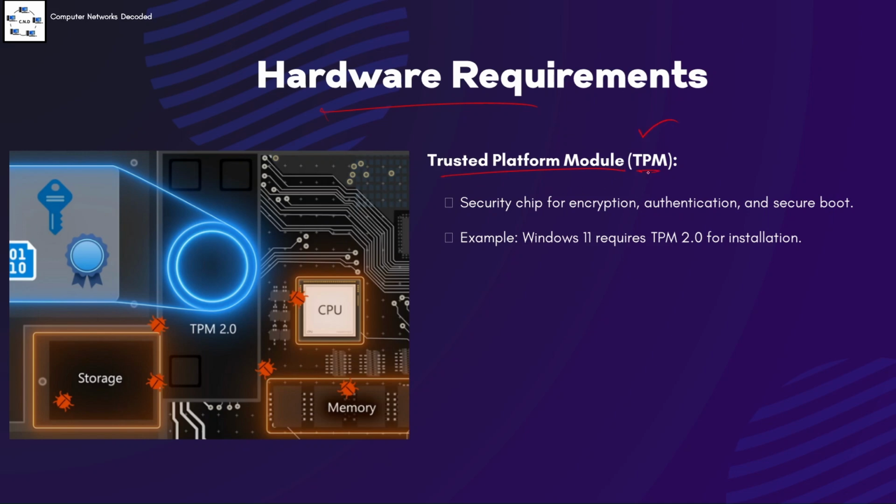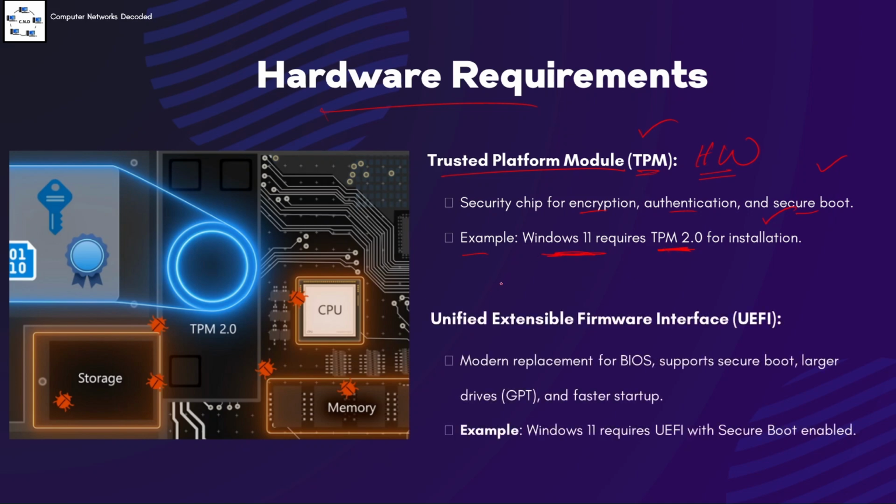This is a hardware chip that is included in modern systems. It is a security chip for encryption, authentication, and secure boot. An example is that Windows 11 requires TPM 2.0 for installation. So without TPM 2.0, you cannot install Windows 11.